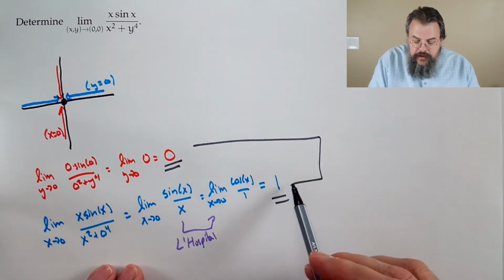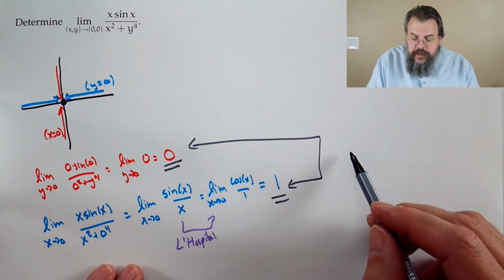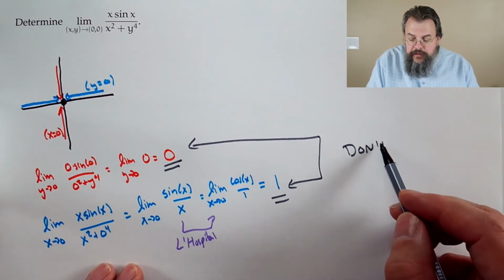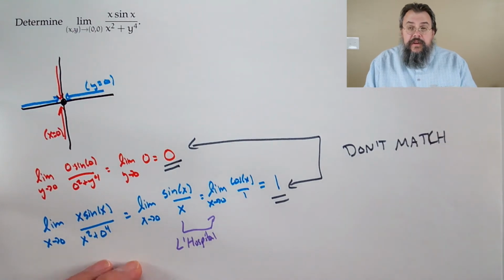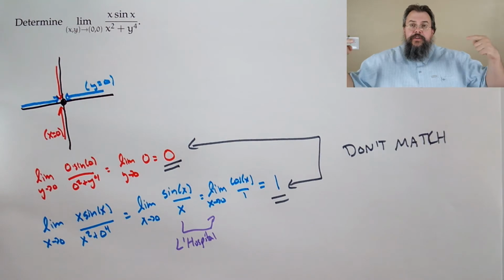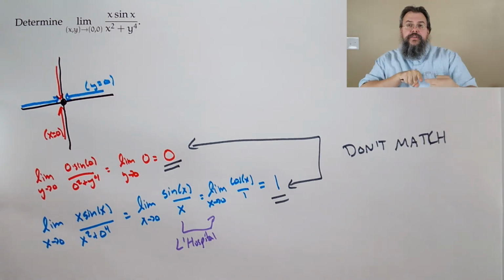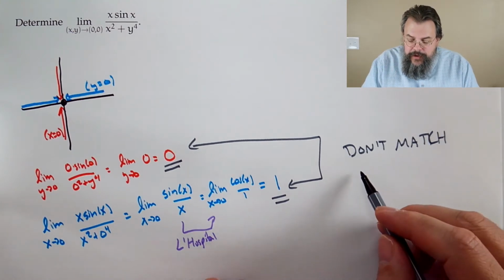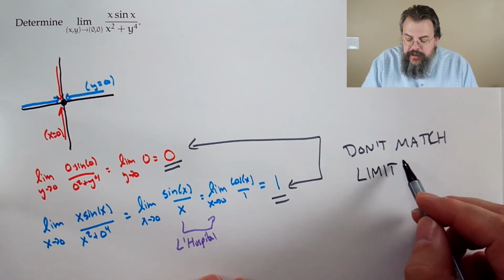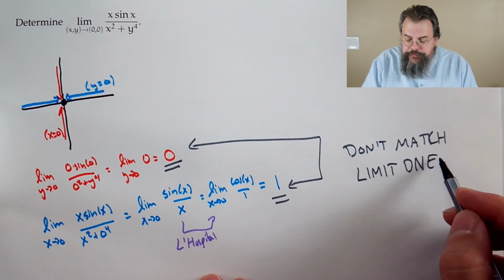And these don't match. As soon as you have two different ones which don't match, that says, in one direction I think I should get 1, in a different direction I think I should get 0. Well, 1 and 0 are not the same. So that tells us our limit does not exist.